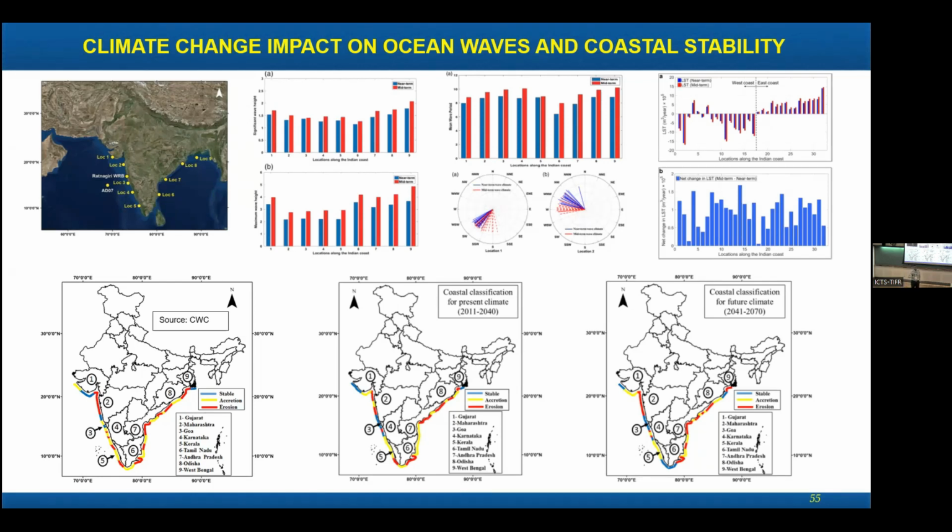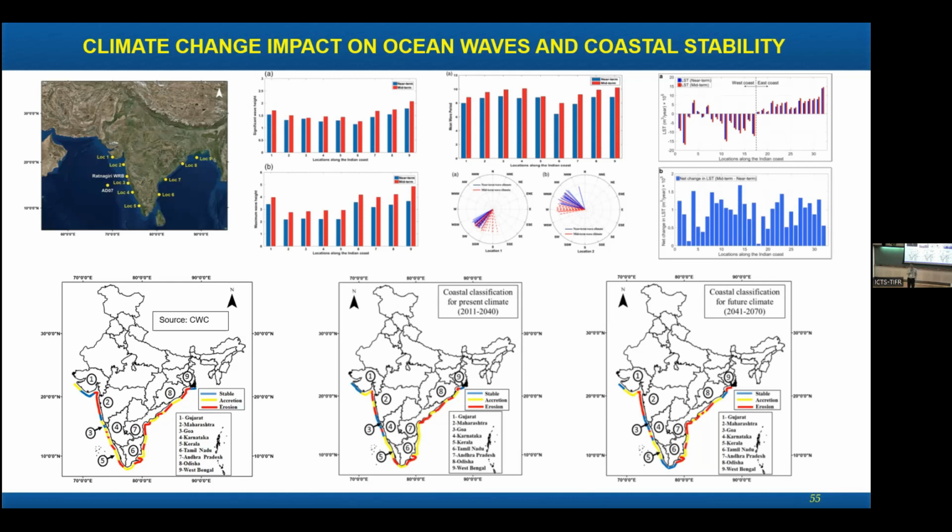And if the current changes, then all your sediment movement, the sand movement along the coast, is going to change. We call it longshore sediment transport. And if that changes, then the locations which are facing erosion today might be depositing tomorrow. The location where it is depositing today might be eroding tomorrow, or anything may happen. So the coastal stability is going to change.